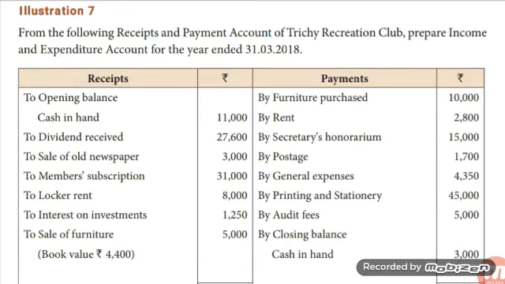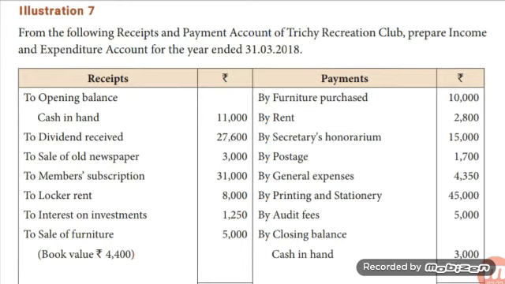From the following receipts and payments account of Trichy Recreation Club, prepare income and expenditure account for the year ended 31st March 2018. Receipts and payments account is given here. You are required to prepare income and expenditure account.